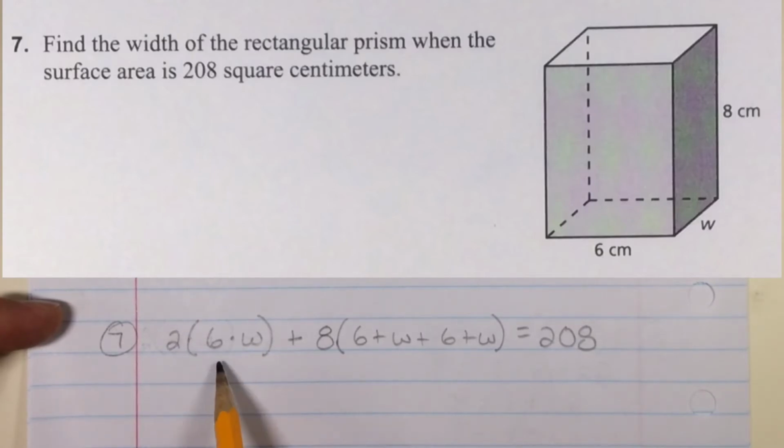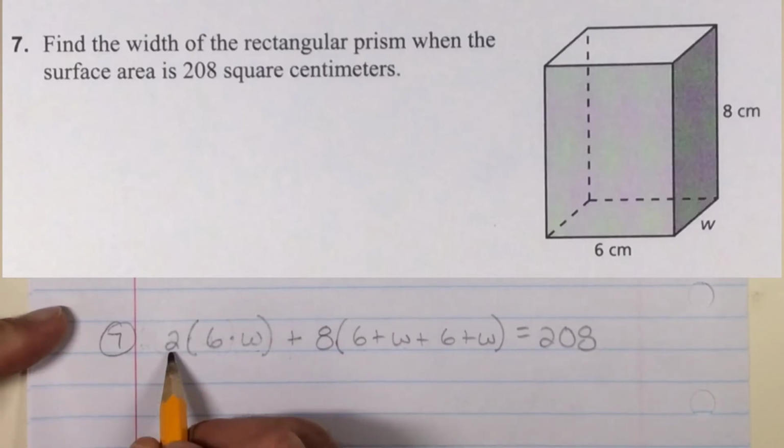So 2 of the 6 times W's, plus to find the lateral surface area, which is the area going around the sides, we do the perimeter of the base, 6 plus W plus 6 plus W, that's the distance around the base, times the height of this prism. So 8 times the perimeter of the base. So this is what the whole formula looks like, and they want me to find what W is.